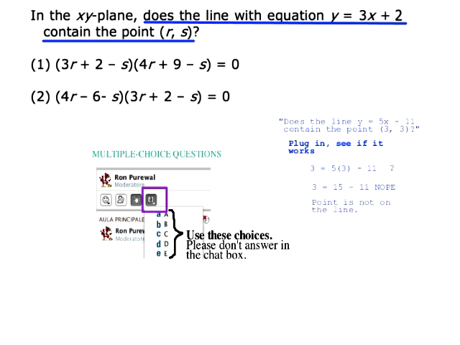So that's what we have to do here, right? In other words, you just plug this in and see if it works. You plug R in for X, and you plug S in for Y. Then you basically just have: is S equal to 3R plus 2?